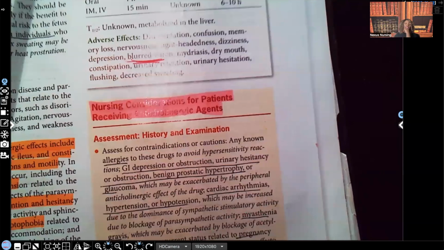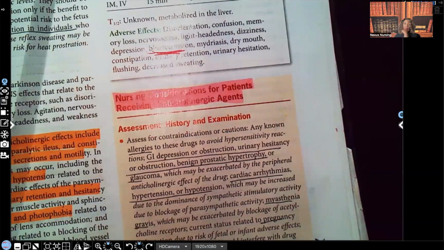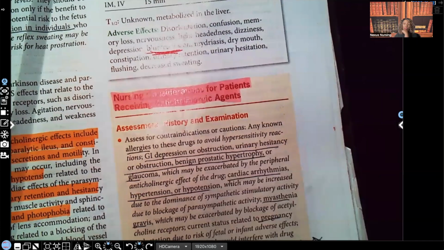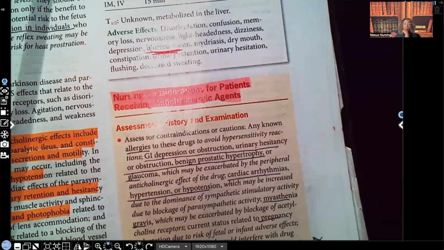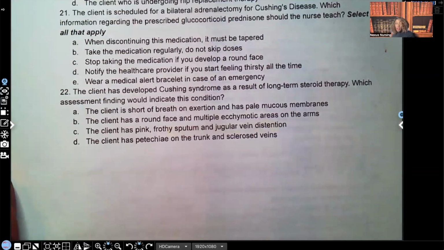All right, so they put it in 2 places in the book, actually 3 places. Here's the third one right here above the nursing considerations. When it comes to anticholinergics, it's very important for you guys to know those adverse effects and contraindications.